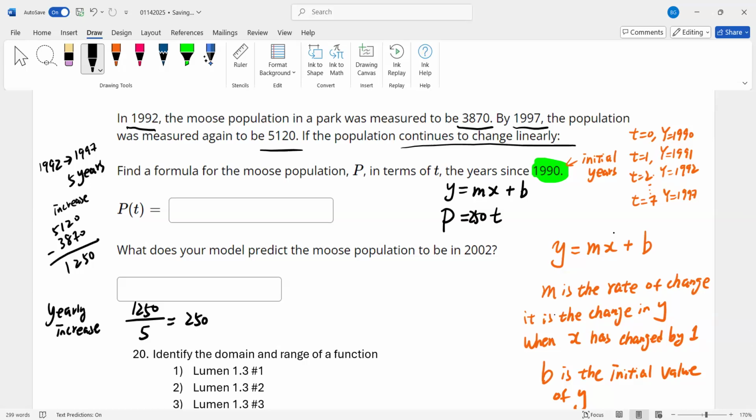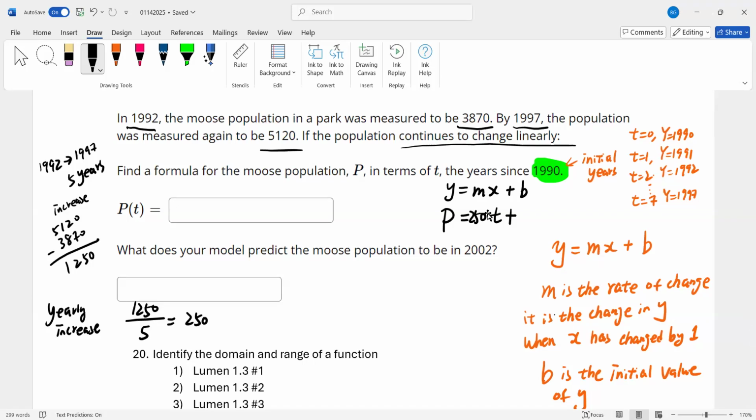B, remember, is the initial value of the dependent variable. Here the dependent variable is the population of the moose, so B is supposed to be the initial population. The initial year is 1990, so B should be the population of the moose in 1990. How do we figure out the population in 1990?